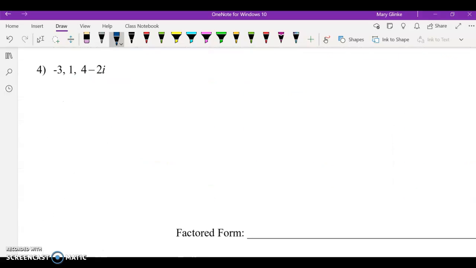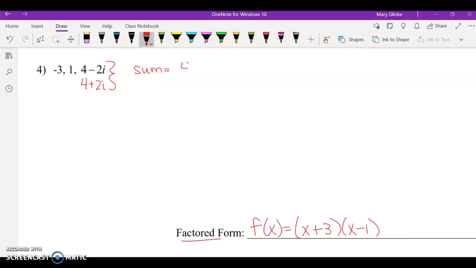Let's try another one here. So we're going to write this in factored form. I'm just going to jump down here because I can write the first two without too much of an issue. I have x plus 3 and x minus 1. So if 4 minus 2i is an answer, so is 4 plus 2i. So for these ones here, I'm going to do my sum and my product.